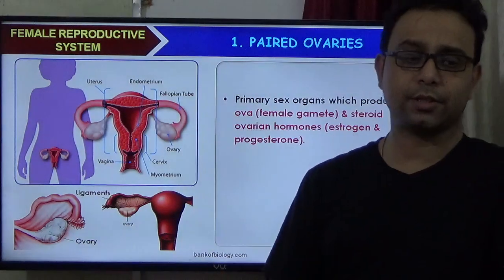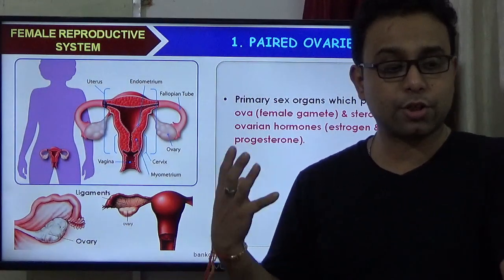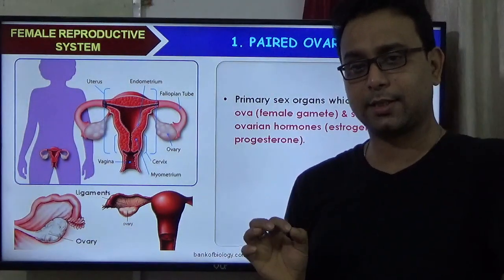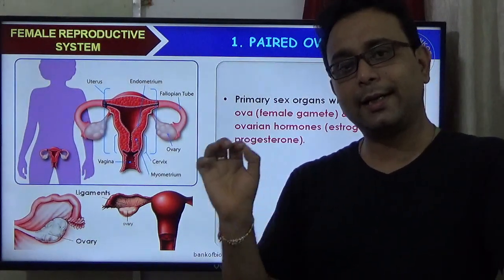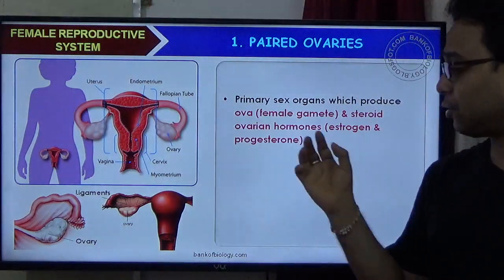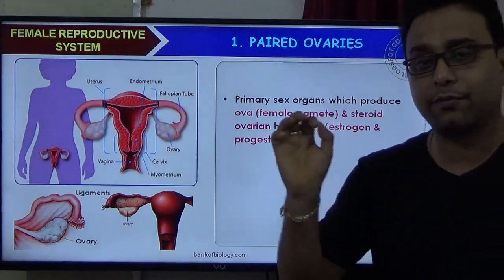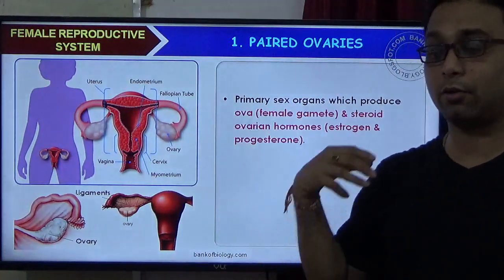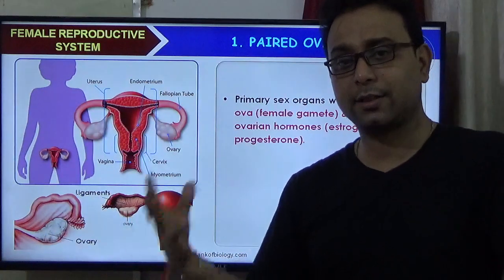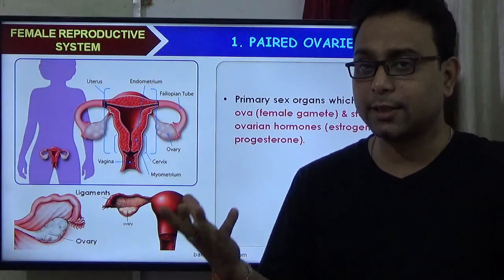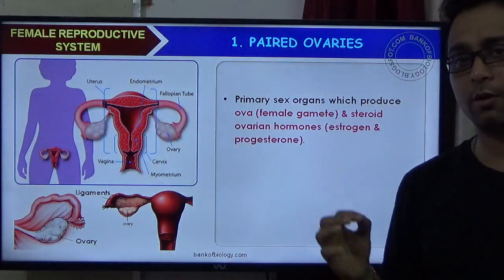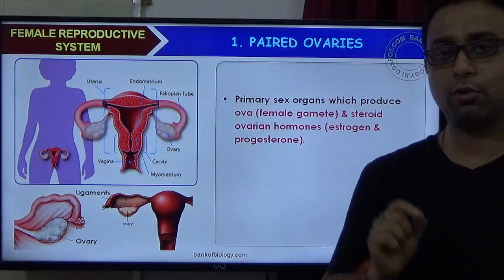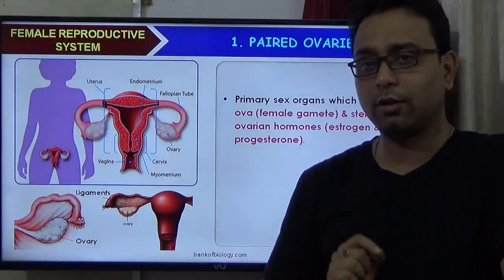Another function is that they also produce steroid hormones. Steroid hormones means these hormones are lipids in nature, chemically lipids. They have two common hormones, estrogen and progesterone, which take a very important role in the sexual characters and sexual features of the female body. These two hormones are called ovarian hormones. Why are they called ovarian hormones?